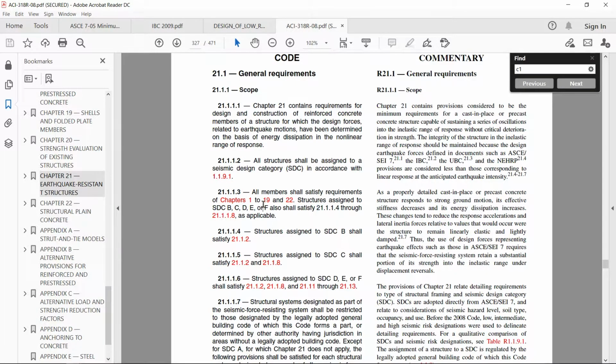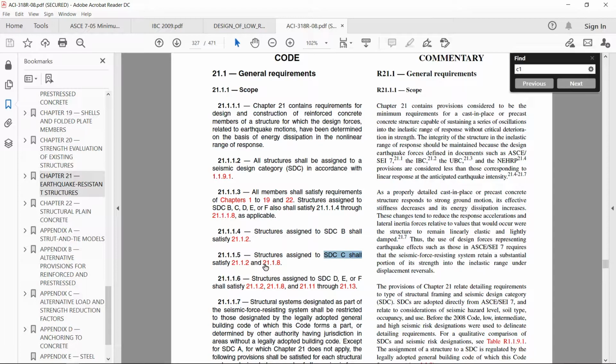So seismic design category A means this is an ordinary structure designed as per 318 only. No need to follow chapter 21. But chapter 21 is applicable for SDC B, C, D, E and F, so what do we have to do? Its paragraph 21.1.1.4 says structures assigned to SDC B shall satisfy 21.1.2. Then SDC C shall satisfy 21.1.2 and 21.1.8.